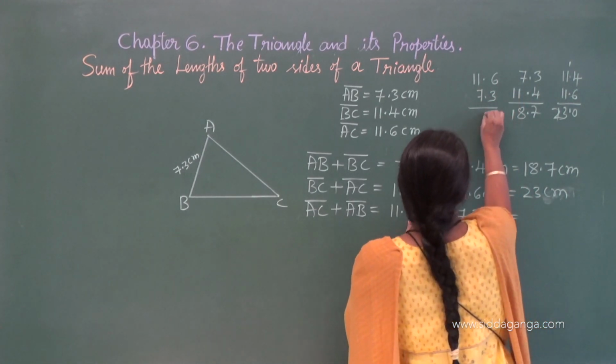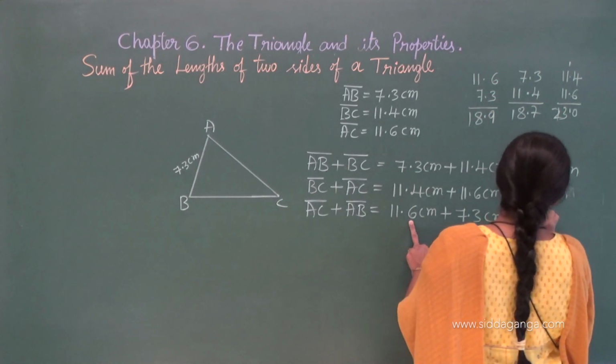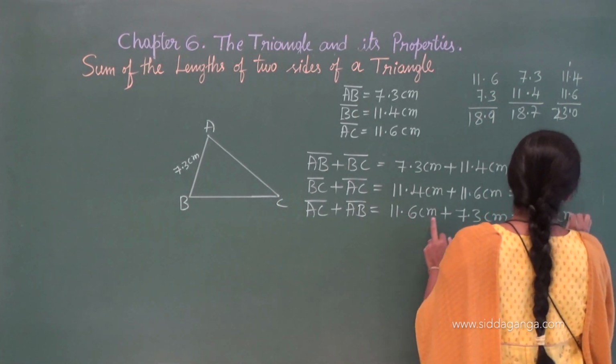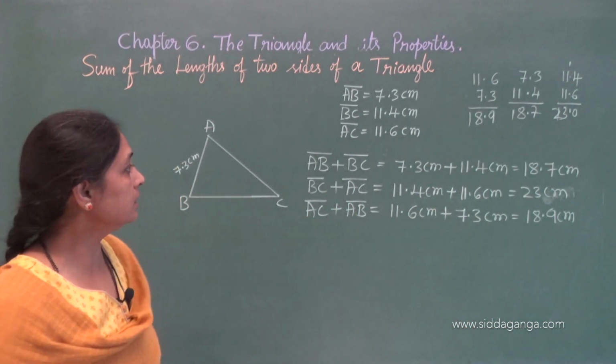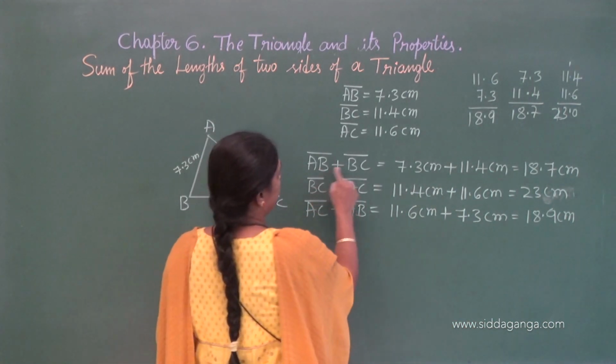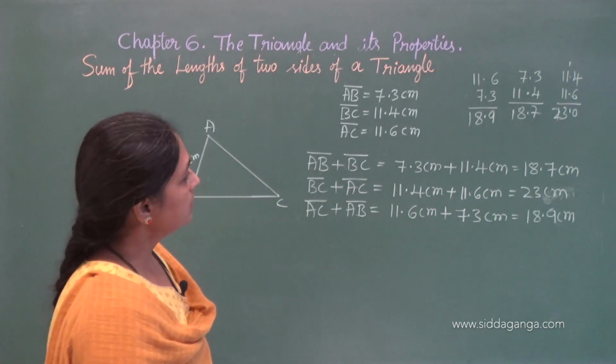It is 9 plus 1 plus 7 is 8, that is 18.9 centimeter. Okay. Here AB plus BC is 18.7 centimeter.